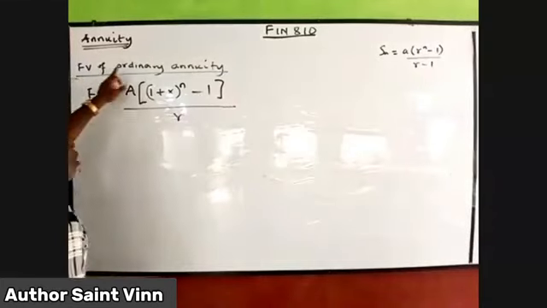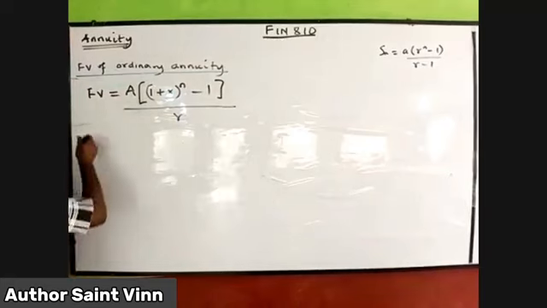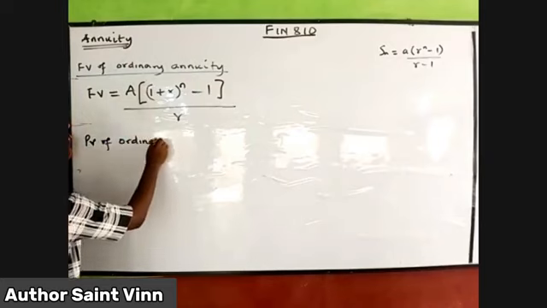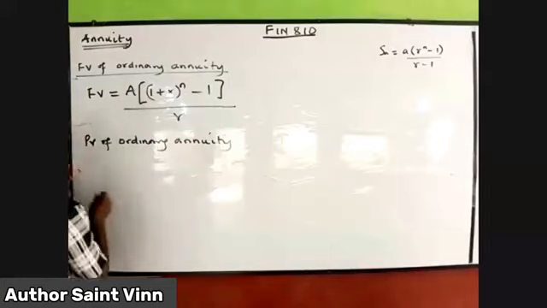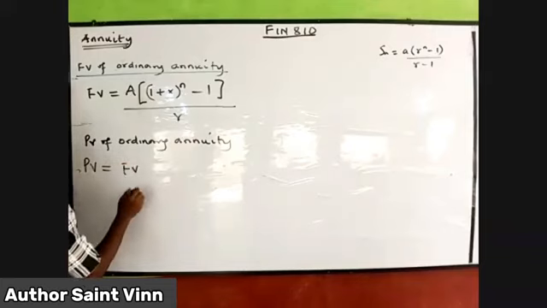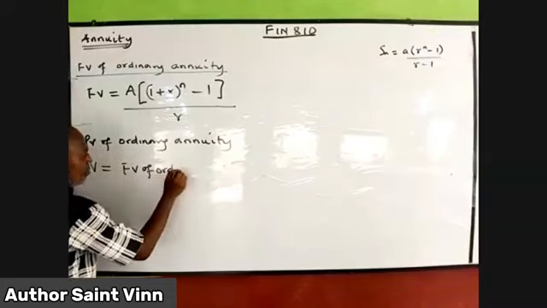So future value of ordinary annuity. I want to get present value of what? Ordinary annuity. Look at the word present value. For me to get present value, it must give me the future value of ordinary annuity.